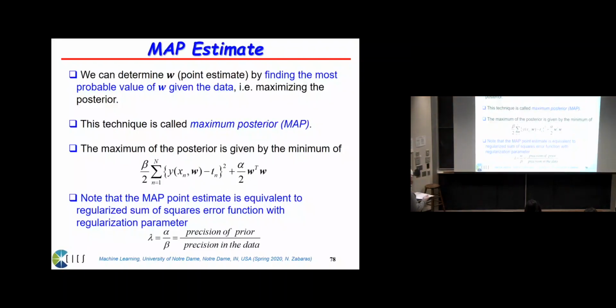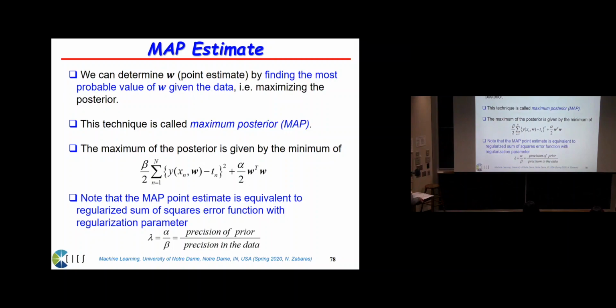And if you look carefully, you will immediately recognize, if you were here at the last lecture, that this problem is regularized least squares. We did this today too. The only difference is that instead of having the regularization parameter lambda that we had artificially, now you can see that lambda naturally comes to be the ratio of the precision of the prior divided by the precision of the likelihood.